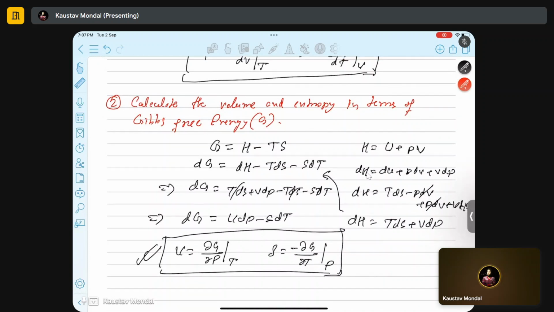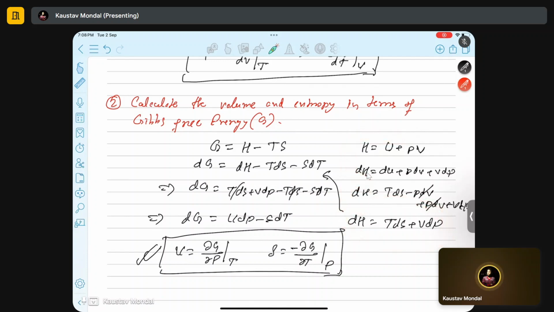So let me recapitulate how we have done it. G we write in terms of the known thermodynamic potential H, and the other simple coordinates, T and S. So dG I am writing as dH minus TdS minus SdT. The dH expression you already knew; if you substitute the expression of dU and do all of the algebra, you get dH as TdS plus VdP.